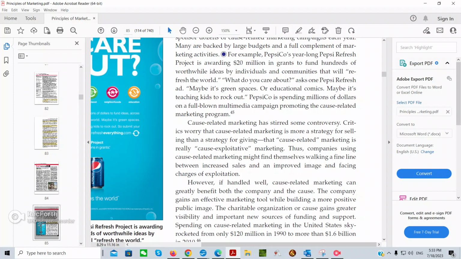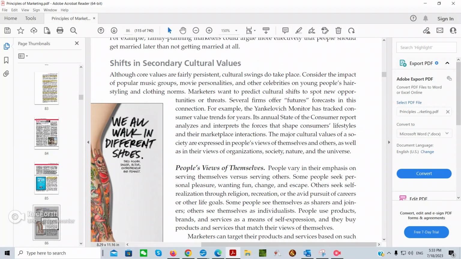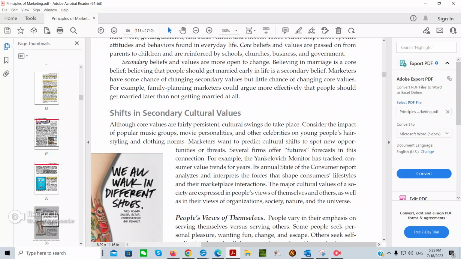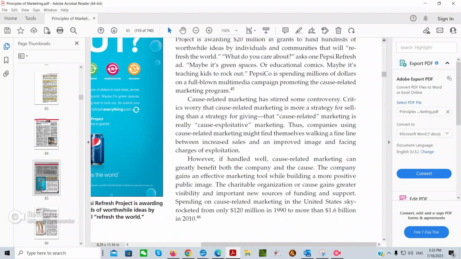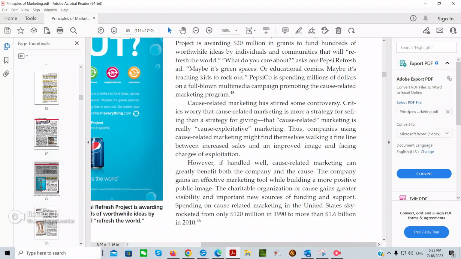Cause-related marketing has stirred one controversy, though. Critics worry that cause-related marketing is more of a strategy for selling than a strategy for giving. That it is really more cause-exploitative marketing.